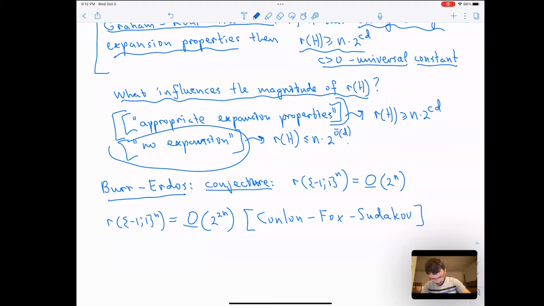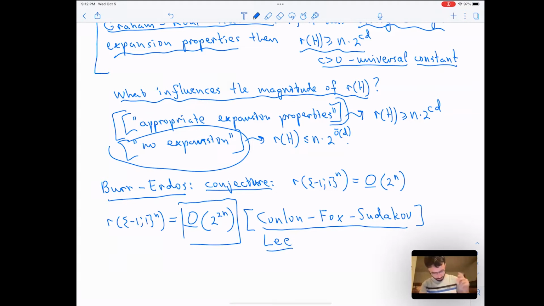But I should also mention the paper of Lee, where he resolved that famous conjecture about the Ramsey number of D-degenerate graphs. His argument also gives an upper bound of this form, but with a better constant than in the paper of Conlon, Fox, and Sudakov.